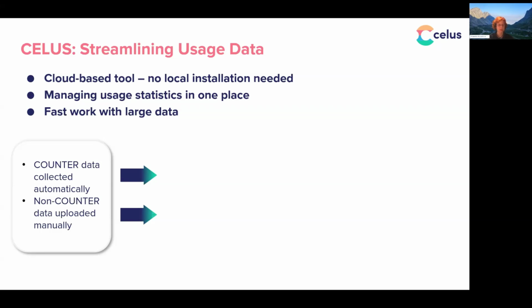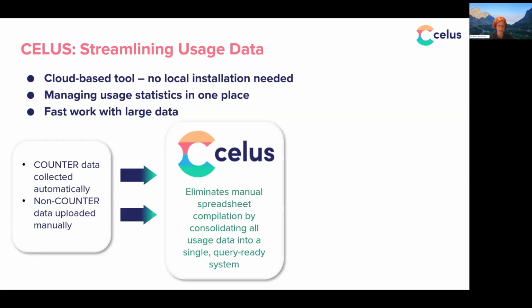And for non-COUNTER data, now we have something like 170 non-COUNTER platforms enabled to be uploaded manually into CELUS. And when the data is in CELUS, you don't have to combine multiple spreadsheets and do things like that.